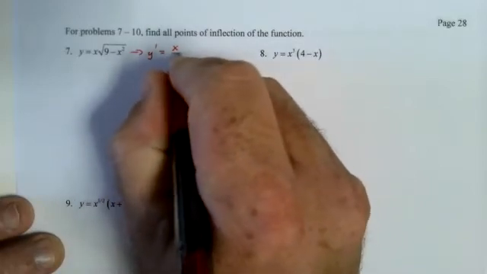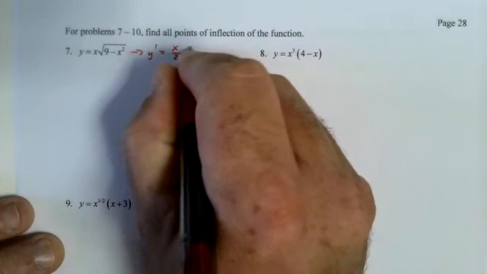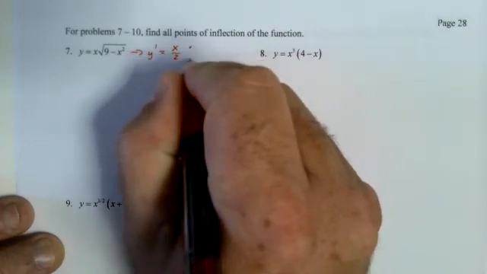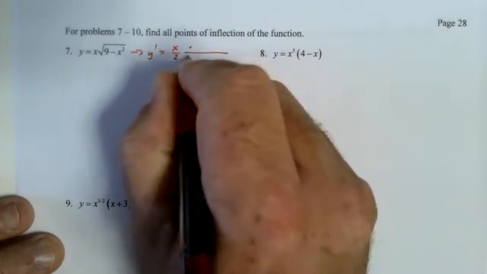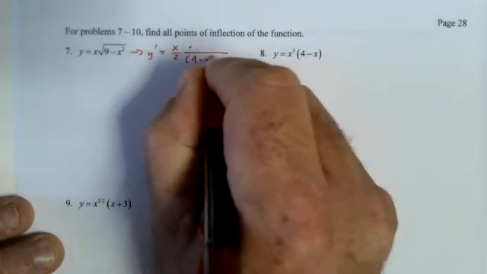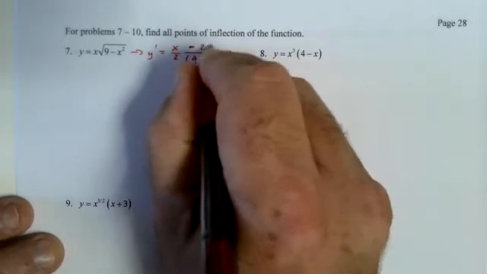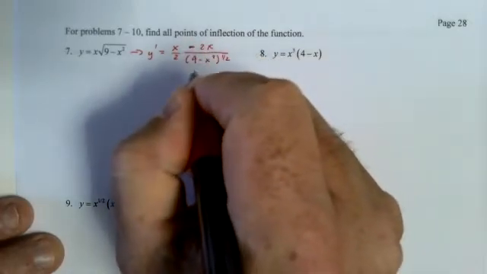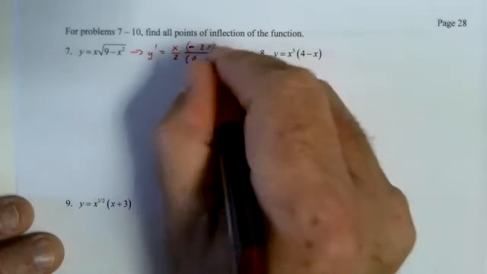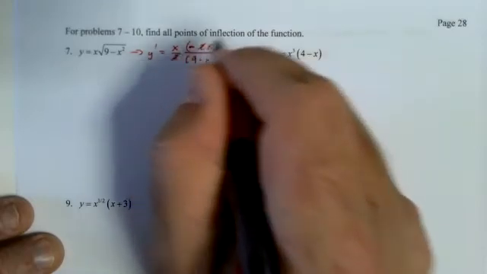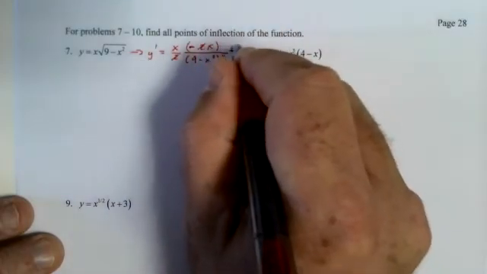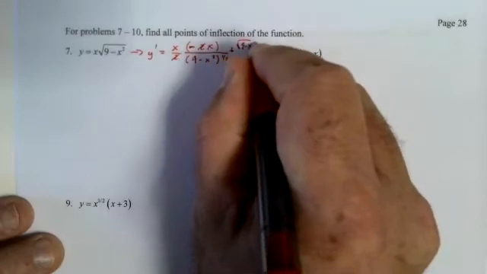That will be 1/2 times 9 minus x squared to the negative 1/2. In other words, put on the bottom, times negative 2x, plus root 9 minus x squared.